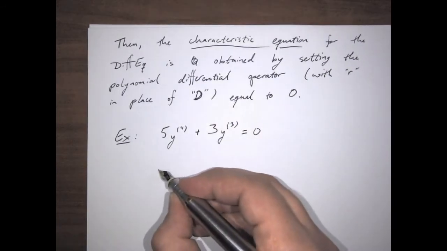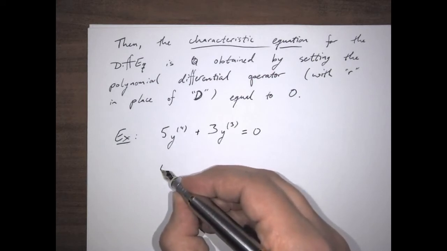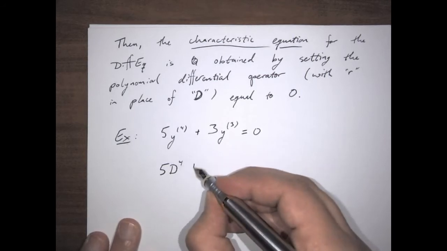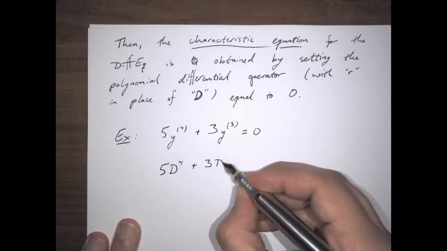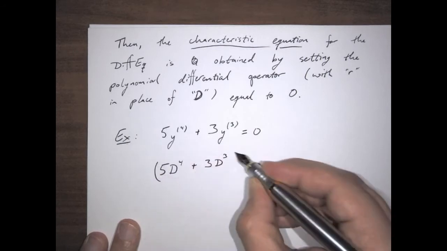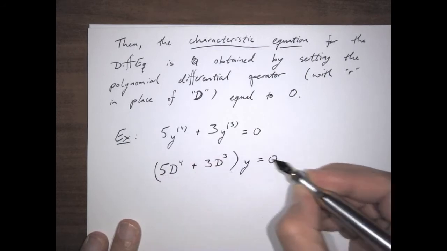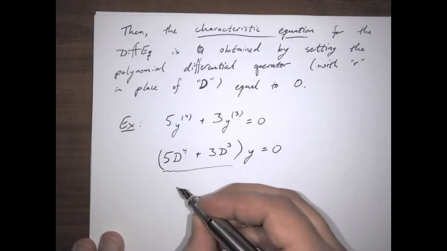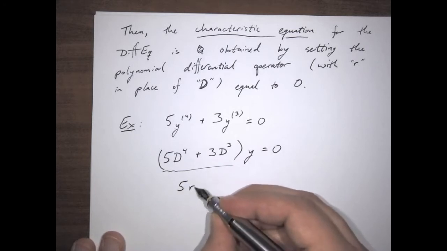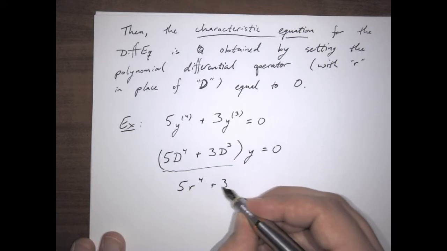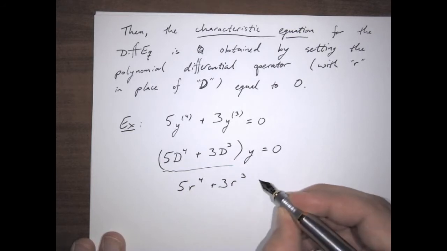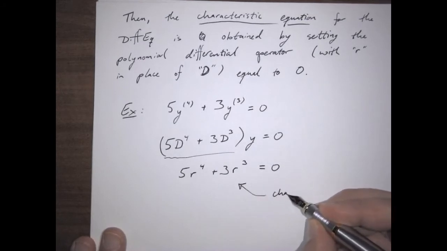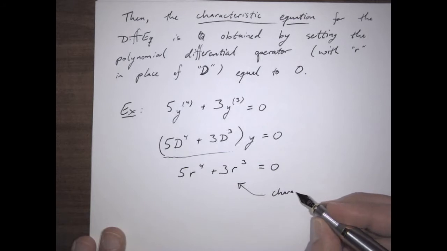Rewriting this in terms of D, we'd have 5D to the fourth to represent the fourth derivative, plus 3 times D to the third to represent the third derivative, applied to y equals 0. And so here, this is the differential operator. And so that's going to be 5r to the fourth plus 3r cubed equals 0. And this would be the characteristic equation.